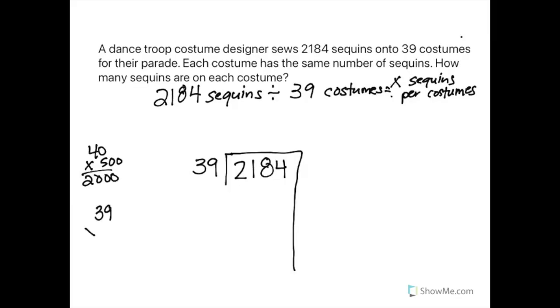39 times 5. And so 9 times 5 is 45. Carry the 4. 5 times 3 is 15 plus 4 is 19, 195. And if I add a 0, that gets me 1,950. So I'm going to put my 50. So with partial quotients, you can either put them up here, above, or off to the side.